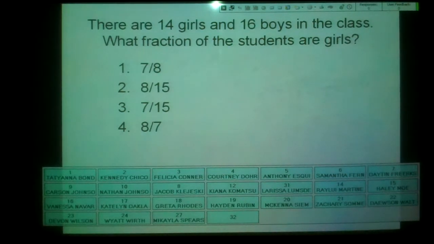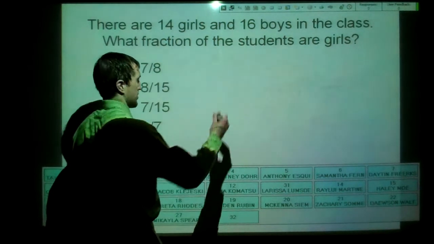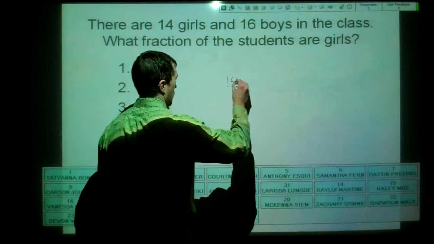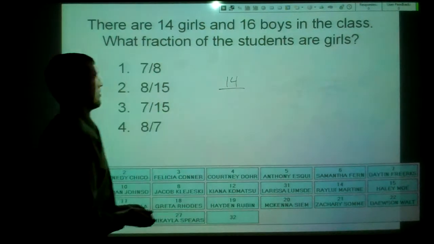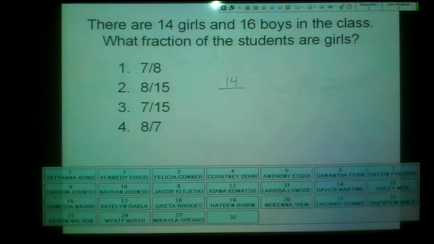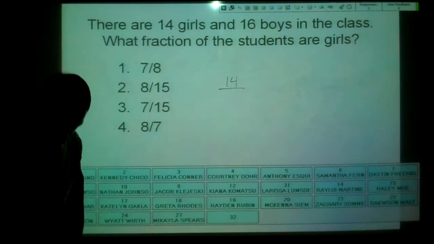Alright. This one caused a little bit of trouble today because we need to be careful on the directions. It says there are 14 girls and 16 boys in the class. What fraction of the students are girls? Well, it's important to know that there are 14 girls in the room, but this is not 14 out of 16. We actually have how many students in the room?